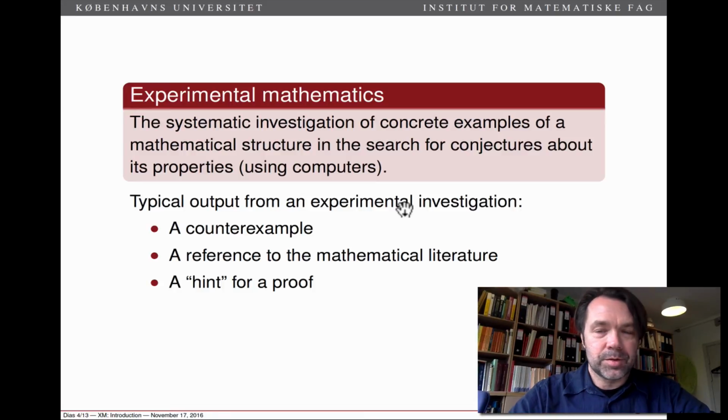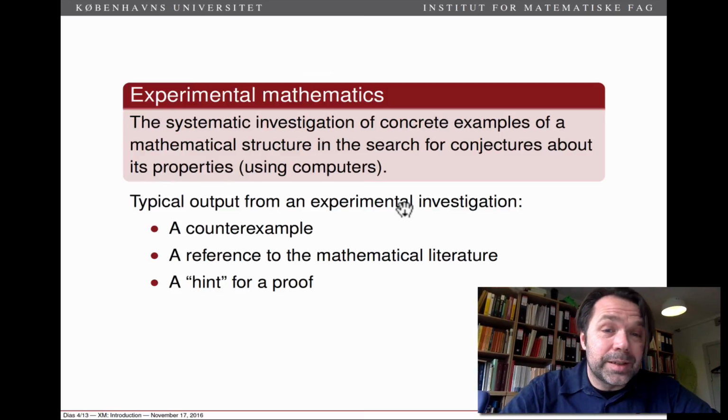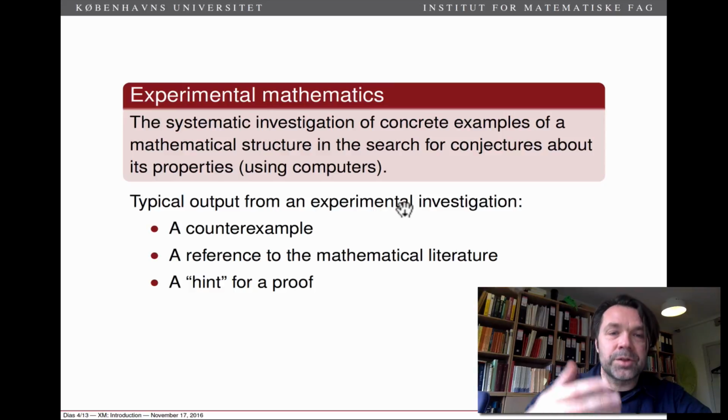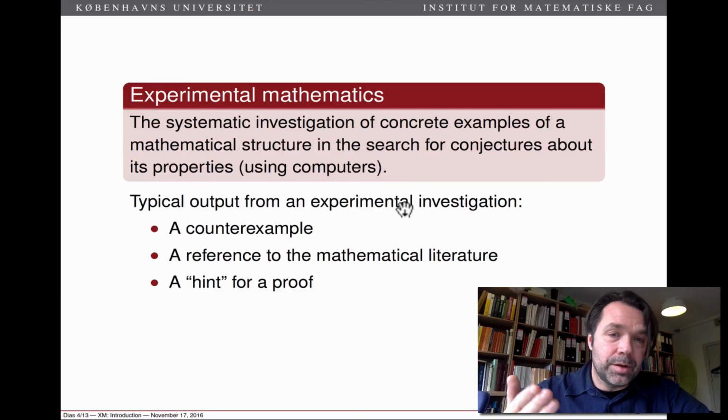If there's a certain constant that comes up, maybe, I don't know, square root of pi, I'll say, well, square root of pi seems to come up in a normal distribution, so perhaps that has something to do with that. So this is all very vague, and that's why I'm calling it a hint. But this is still quite useful because it can give you information in the production of the traditional output of a mathematical process, which is a theorem and its proof.